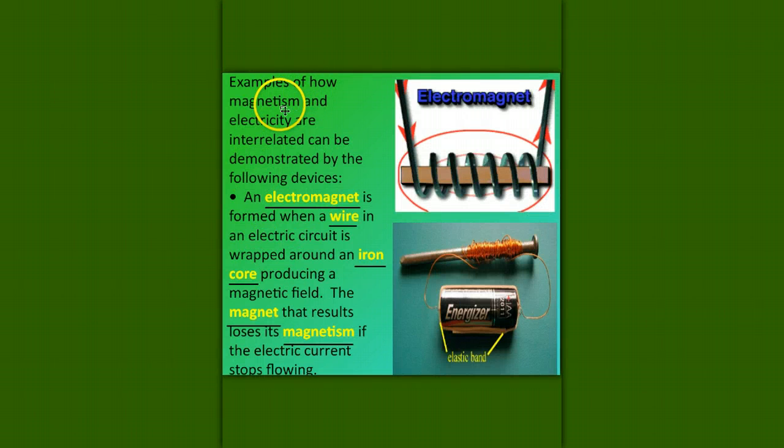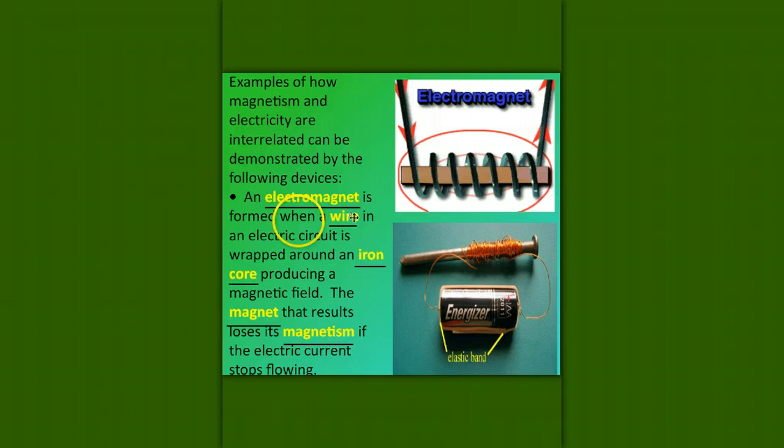Examples of how magnetism and electricity are interrelated can be demonstrated by the following devices. An electromagnet. This is a picture of an electromagnet. An electromagnet is formed when a wire in an electric circuit is wrapped around an iron core, producing a magnetic field.